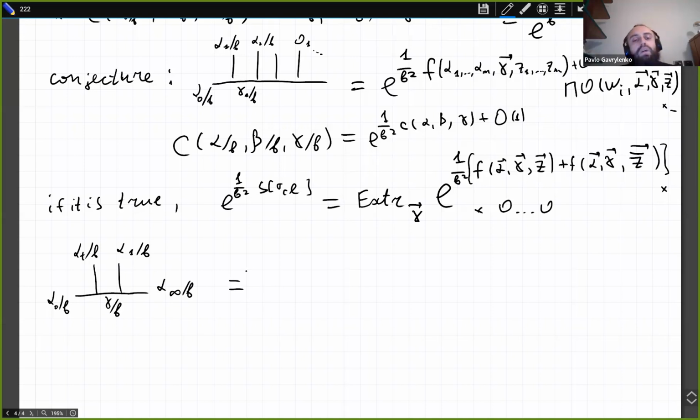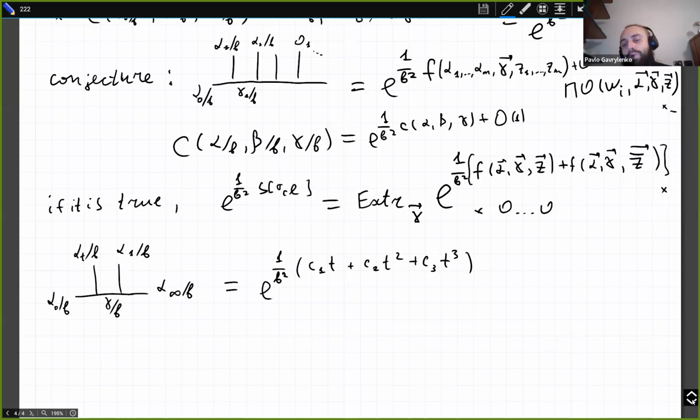So if we write this conjecture, then it tells us that it is 1 over b squared, so the leading term is 0, c1 z plus c2 z squared. It is t. c1 t, c3 t cubed.